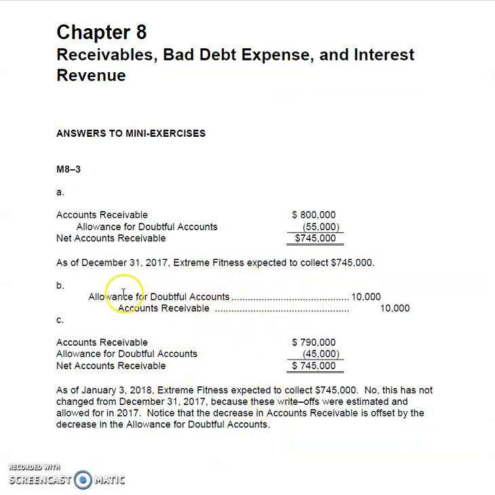Now we have reduced accounts receivable by $10,000. So accounts receivable has gone from $800,000 to $790,000. We've reduced the allowance account by $10,000, so it's gone from $55,000 to $45,000. But net accounts receivable is still $745,000. And that's still the amount we expect to collect.